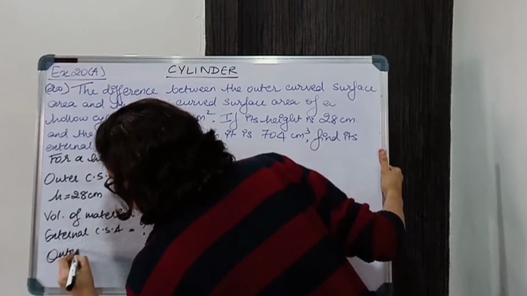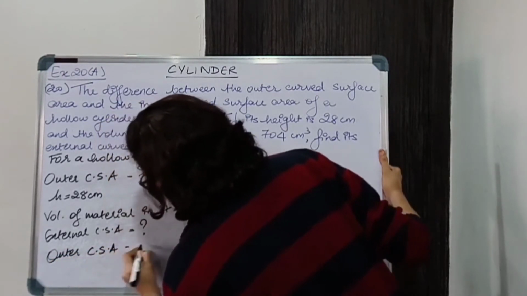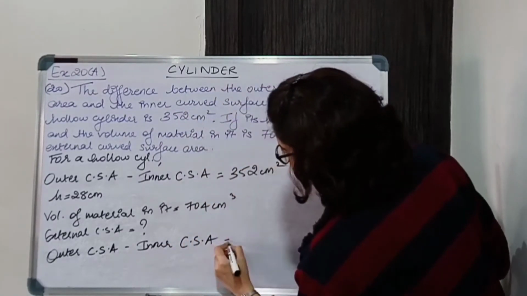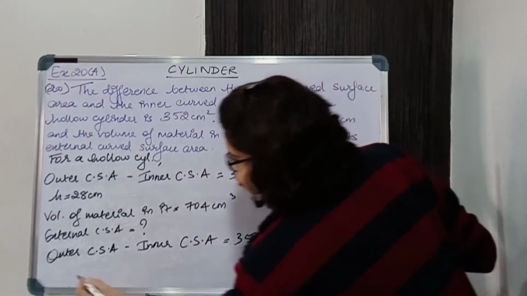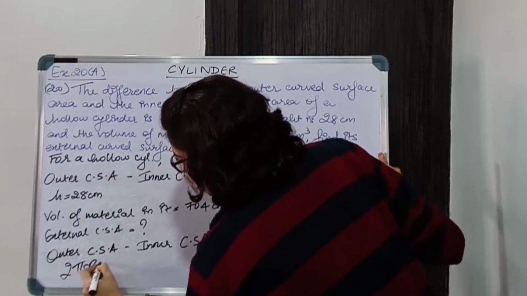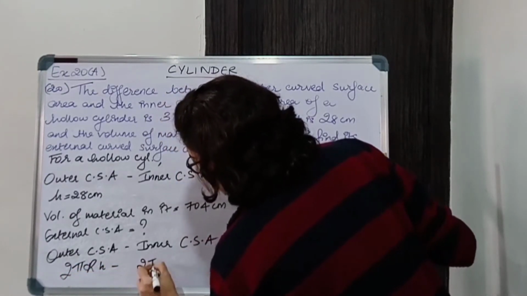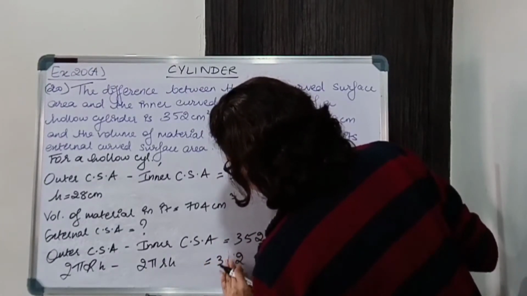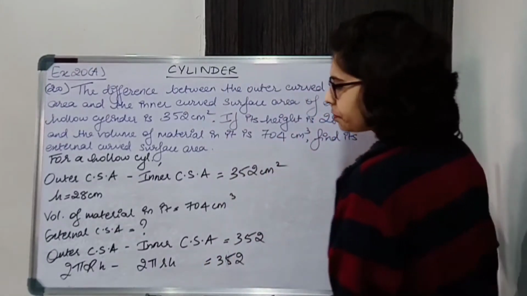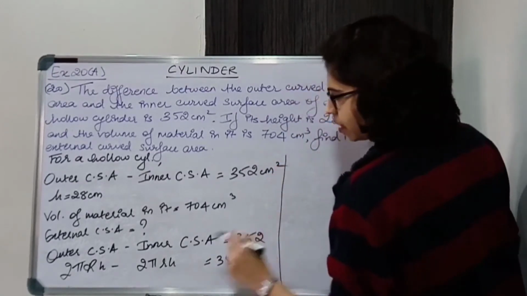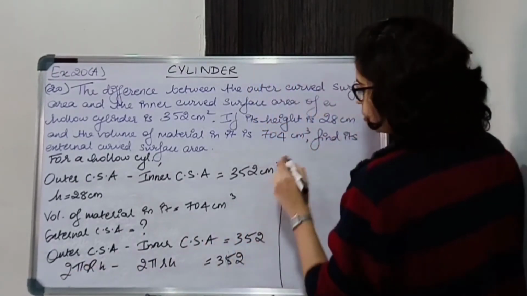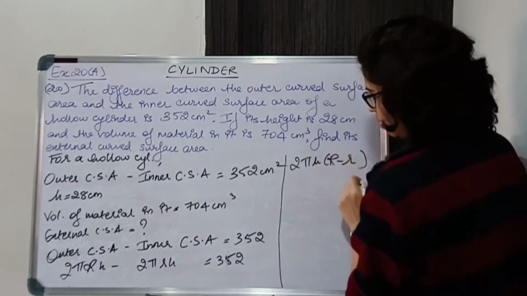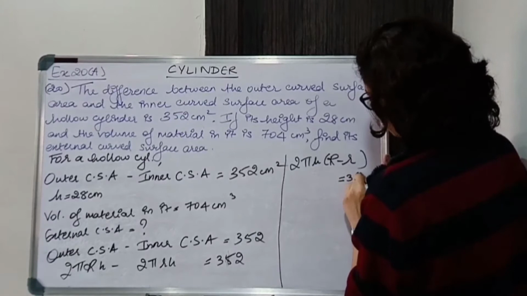Outer CSA minus inner CSA: 2 pi R H minus 2 pi small r h is 352. Now 2 pi and h is common, so we'll take 2 pi h common. We have R minus r. This is equal to 352.